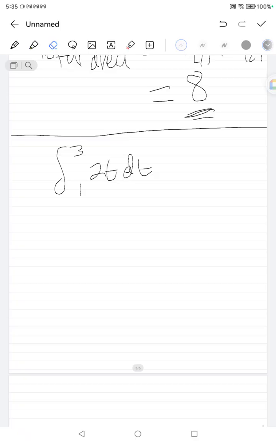Then you have to find the antiderivative of this. You still follow the same first steps. Okay, what do you have?